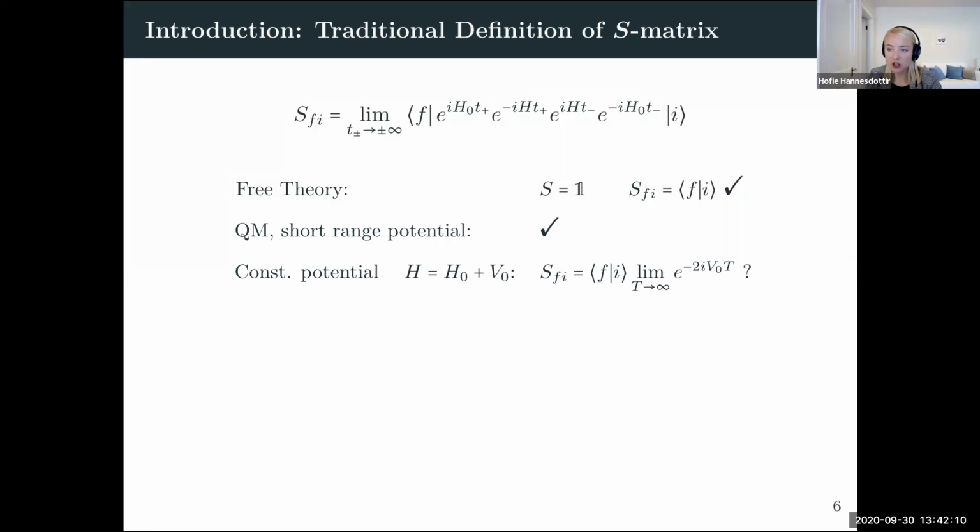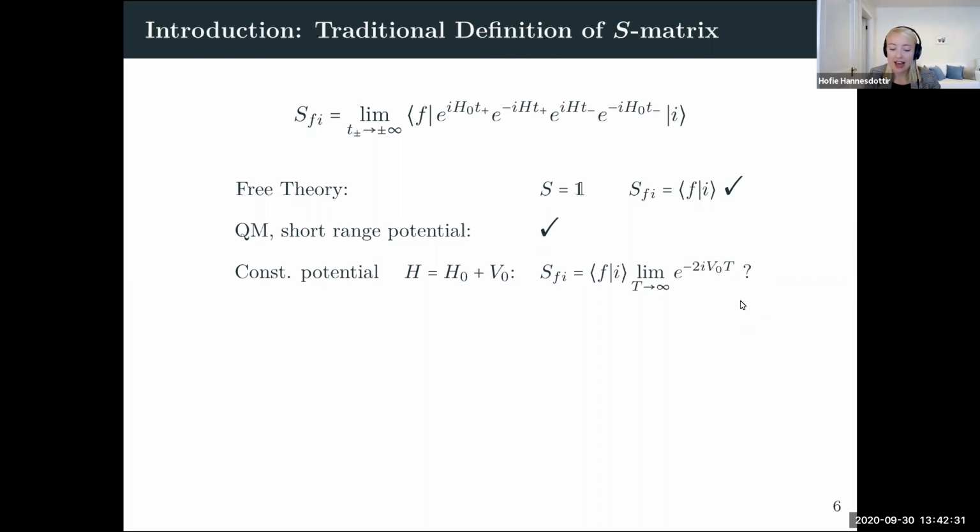But let's look at what happens if we have a constant potential. If we take our Hamiltonian to be the free Hamiltonian plus some constant, and we just naively plug into this definition here, then our S matrix elements are the overlap of the two states, but then we also have this infinitely oscillating ill-defined phase.